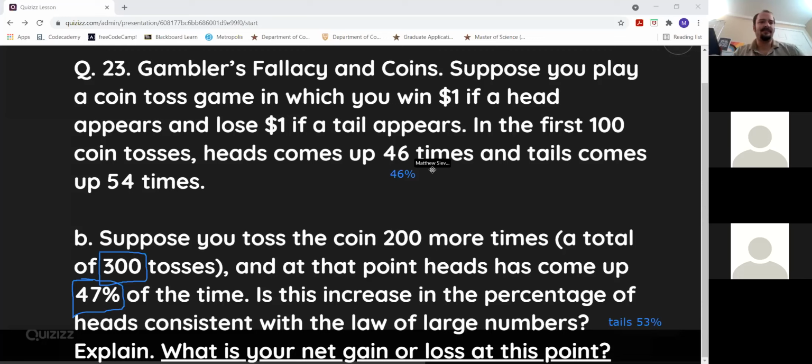So we might have to figure out what 47% of 300 is, and what 53% of 300 is. This is how much you gained. This would be how much you lost. That seems right.